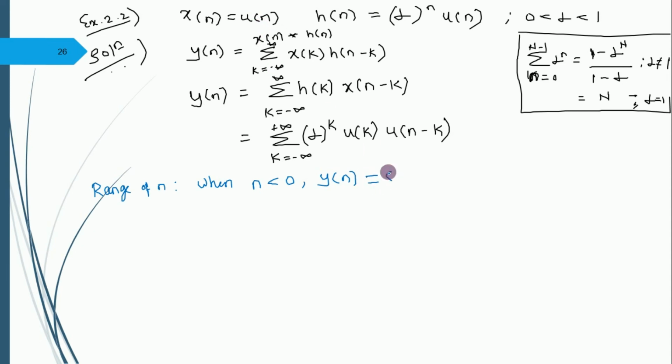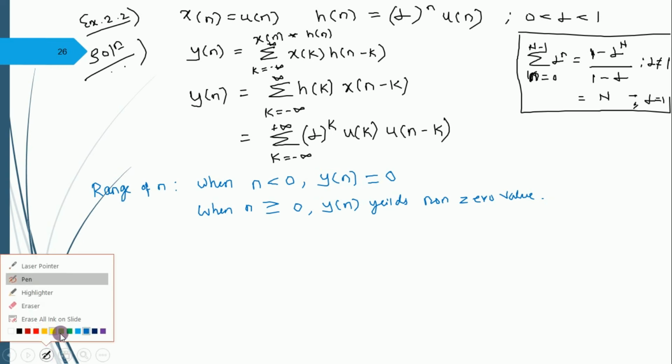So there is no need to check this range. For n greater than or equal to 0, y of n yields a non-zero value. This decision we should make first, and then proceed with the range calculation of k.